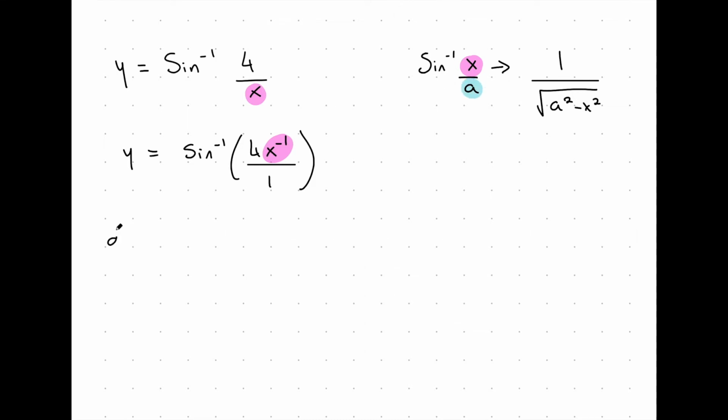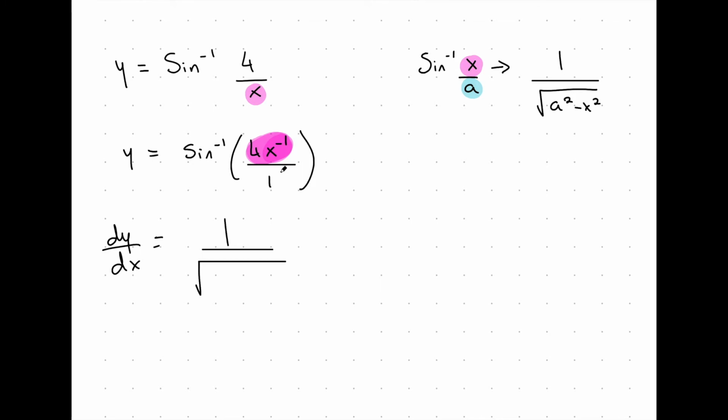So dy dx is going to become 1 all over, and our x is all of that. It's not just the x to the minus 1, it's the 4x to the minus 1. So when I'm subbing that in, I'll take note that I have to add in all of it. So I'm going to have a squared, and our a is actually 1.